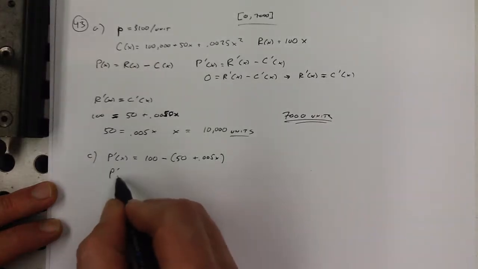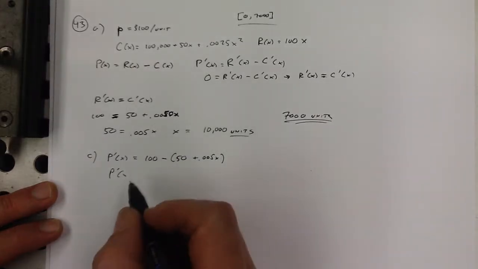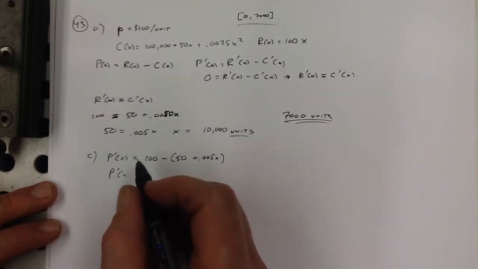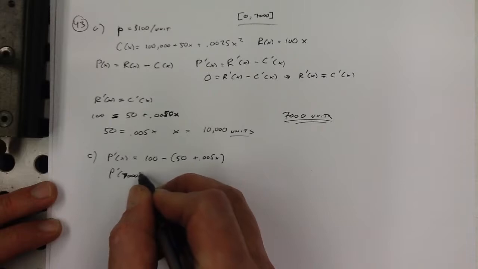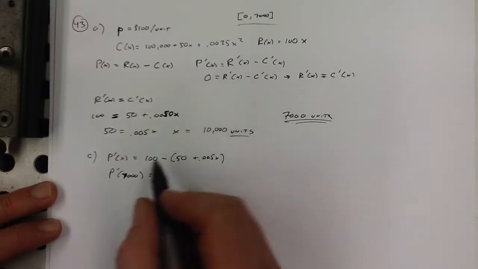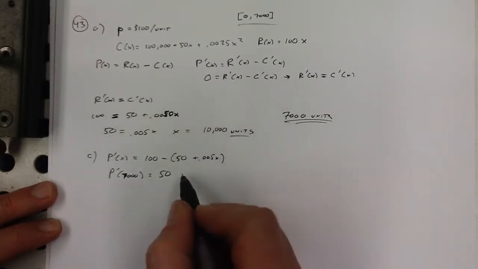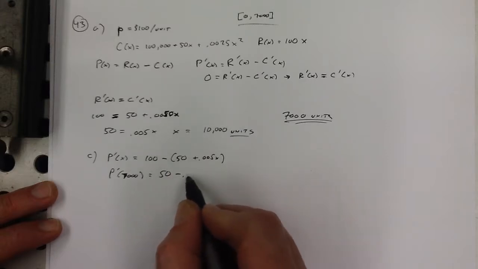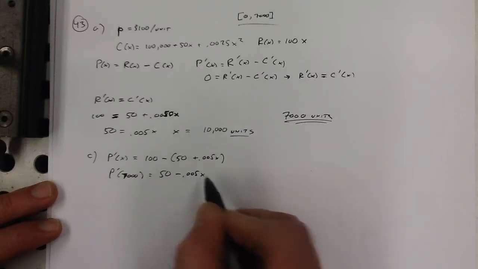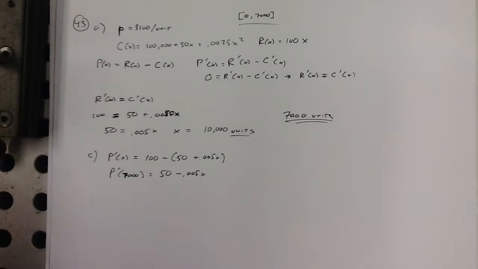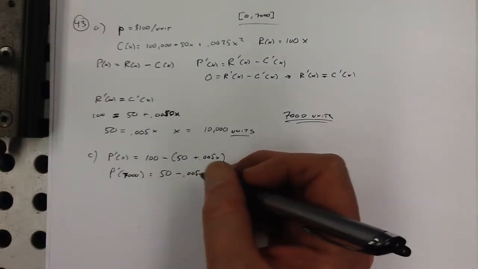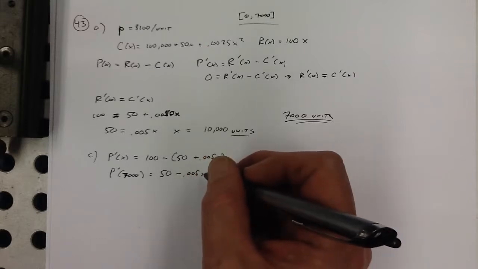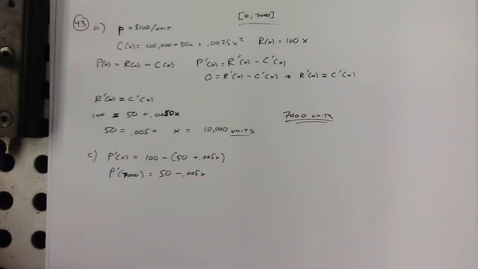And so the rate that the profit is changing at 7,000 units is 50 minus 0.005x. And 0.005 times 7,000, that's 7,000 over 2. I think it's 7,000. Is that 3.5 maybe? So I think this is 46.5. Let me just check that.